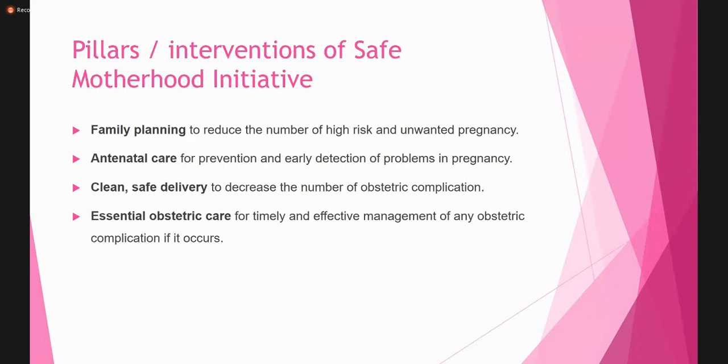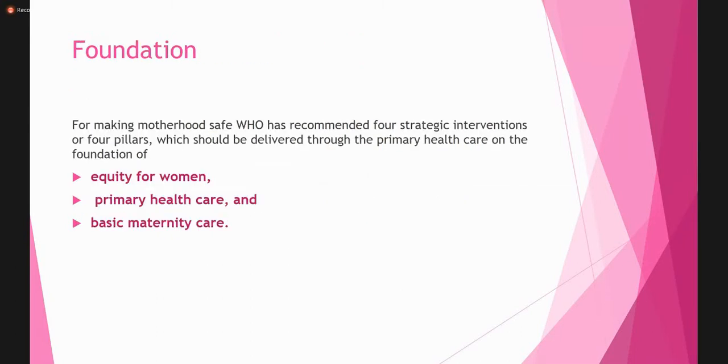It is a natural process, the birth of a child, but certain complications may occur. The foundation for making motherhood safe, WHO has recommended 4 strategic interventions or 4 pillars. Now it's 6 pillars, which should be delivered through primary health care on the foundation of equity for women, primary health care, and basic maternity care.